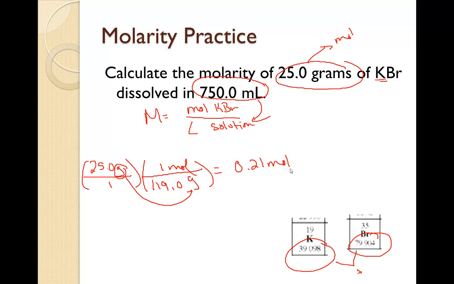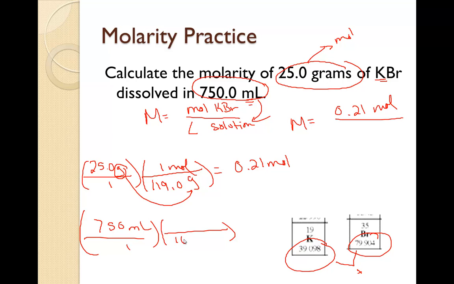Now to find the molarity, it's going to be 0.21 moles over the liters of solution. It gave it to us in milliliters. That means we need to convert this to liters before we go on. Divide it by 1,000 to get it into liters.